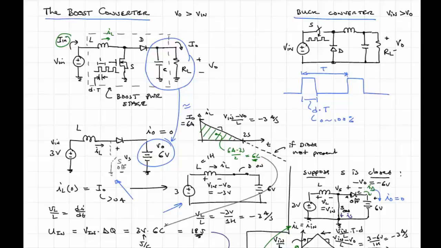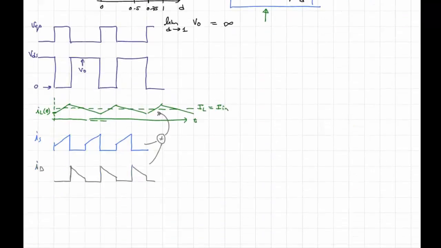I guess I should do this one other thing, which will maybe help: the average current flowing through the diode will be here, right? We could calculate this pretty easily. It's going to involve the duty cycle, the peak value of the inductor current and the minimum value of the inductor current. In fact, I can actually write it out.